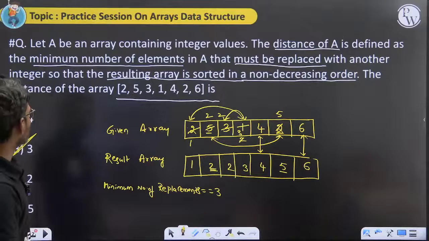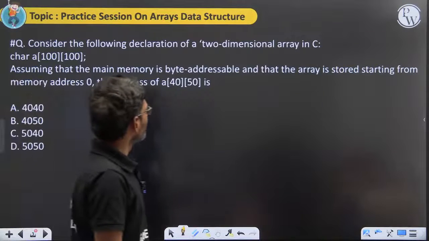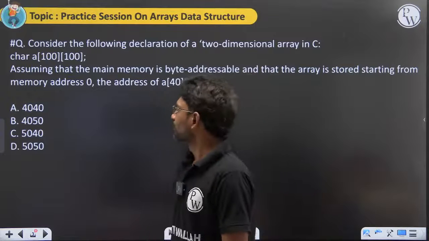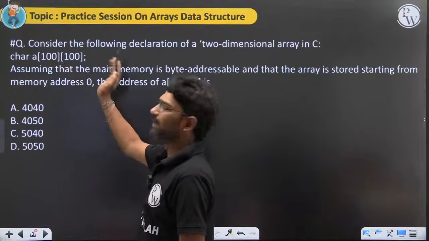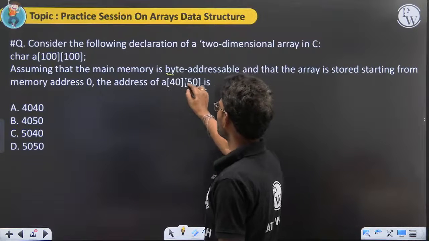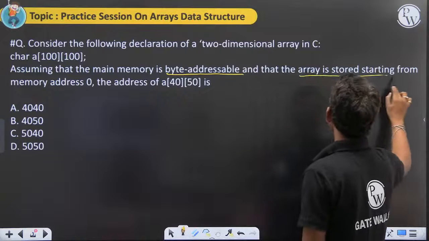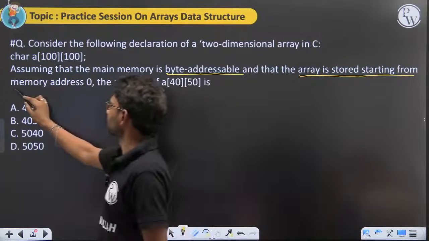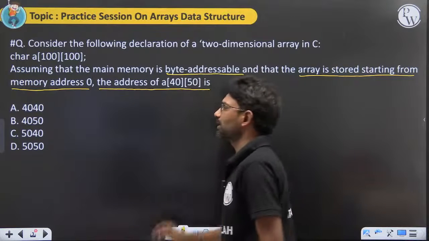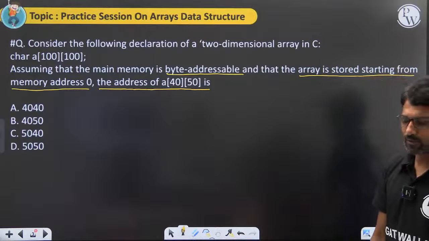Chalo, let's proceed to the next question. Consider the following declaration of a two-dimensional array in C, char A of 100 by 100. Assuming that main memory is byte addressable and that the array is stored starting from memory address 0, then the address of A of 40 by 50 is what? 40 by 50.